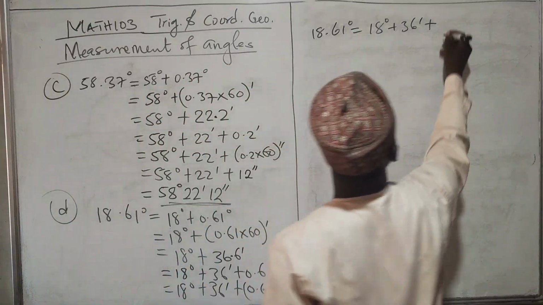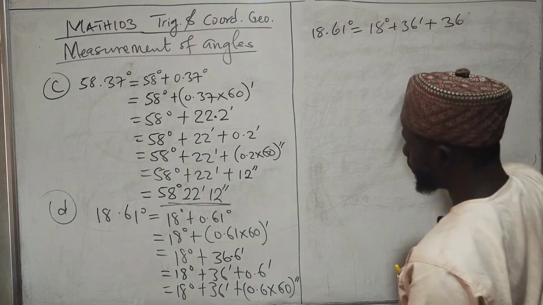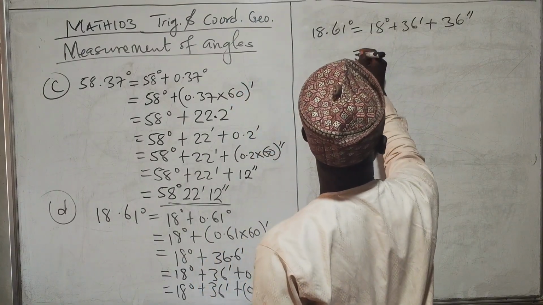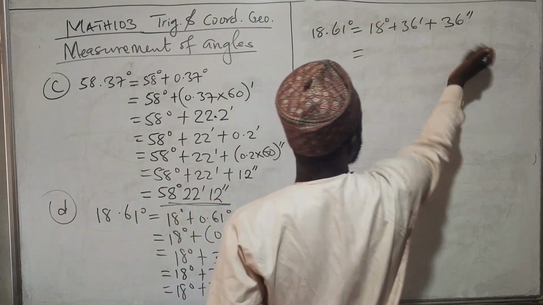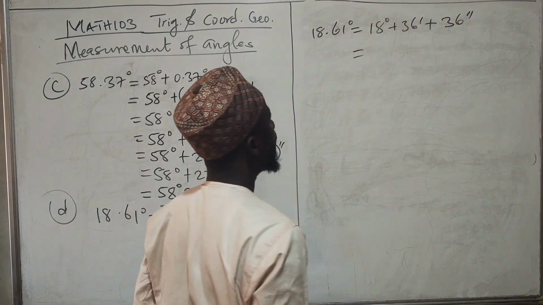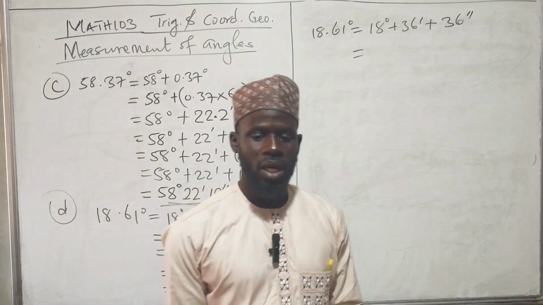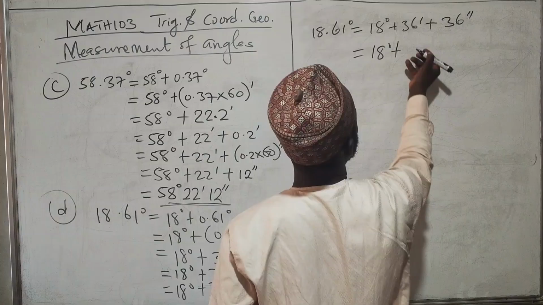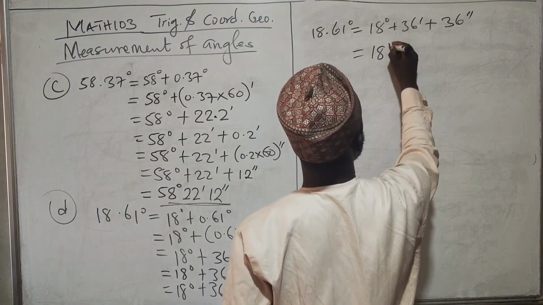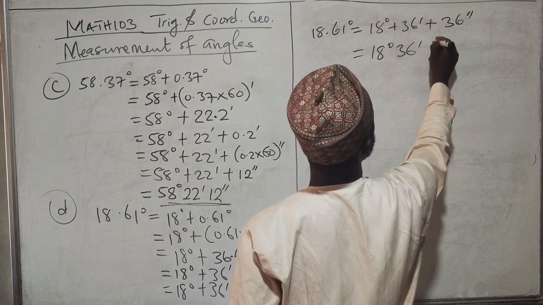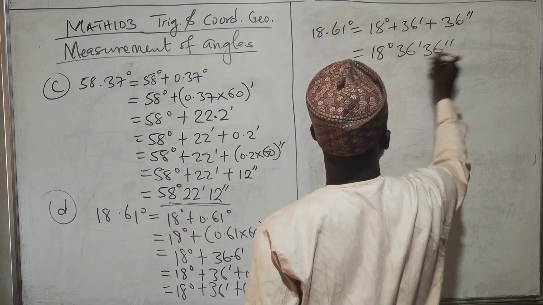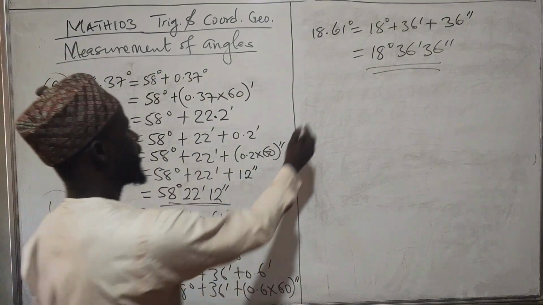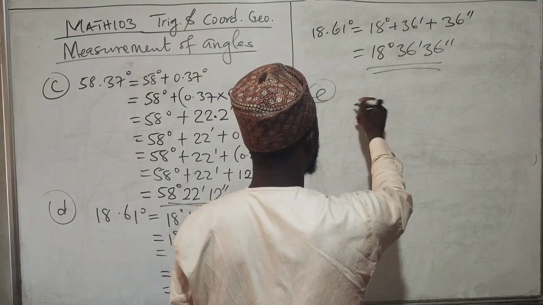So this is 36 after multiplication, in seconds, please. You can write them side by side because they are in different measures. There will be no danger of confusion. So I will leave the E part as an easy exercise for students to try.